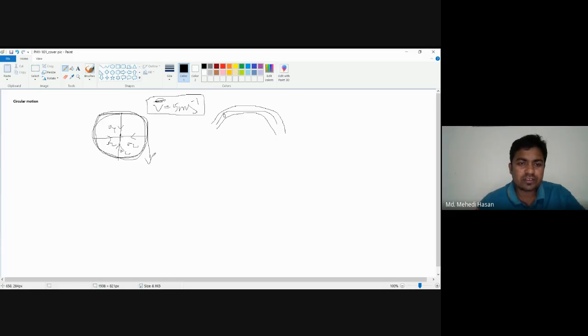If you consider the velocity like that, this is the velocity, and this is the velocity. Another acceleration is involved here, which is called tangential acceleration. Tangential acceleration is along the velocity, and we are not going to discuss it. We are interested only in centripetal acceleration, which produces uniform circular motion.